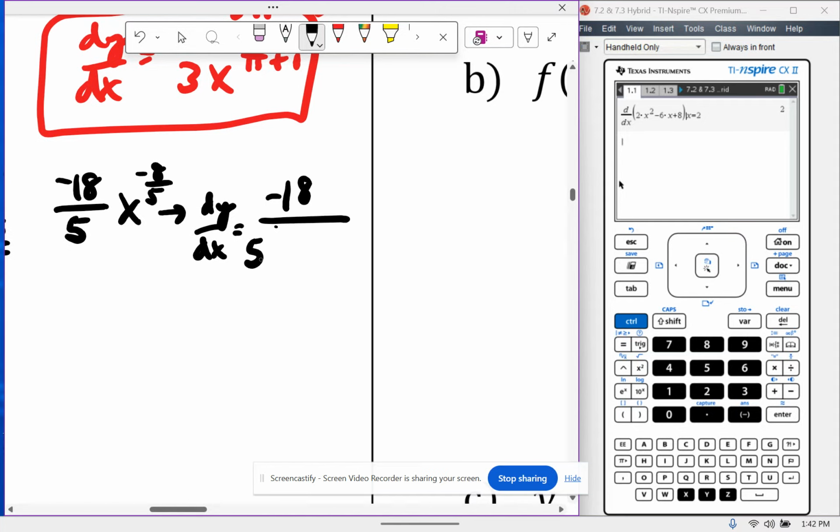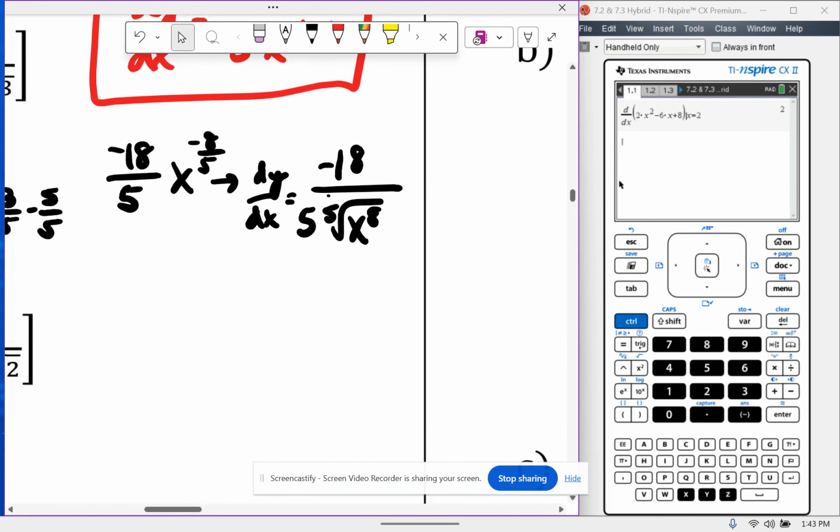I got a 5 out front, and then I'm going to do the 5th root of x to the 8th. I don't want you to mess with trying to pull anything out. Remember how we did that in the past, where we got all the full roots out from the denominator? We don't have to do that. Just leave it like this. I just want you to practice. You would break this up into the 5th root of x to the 5th times the 5th root of x to the 3rd, and then pull it out. Remember? Yeah, we don't have to do that.